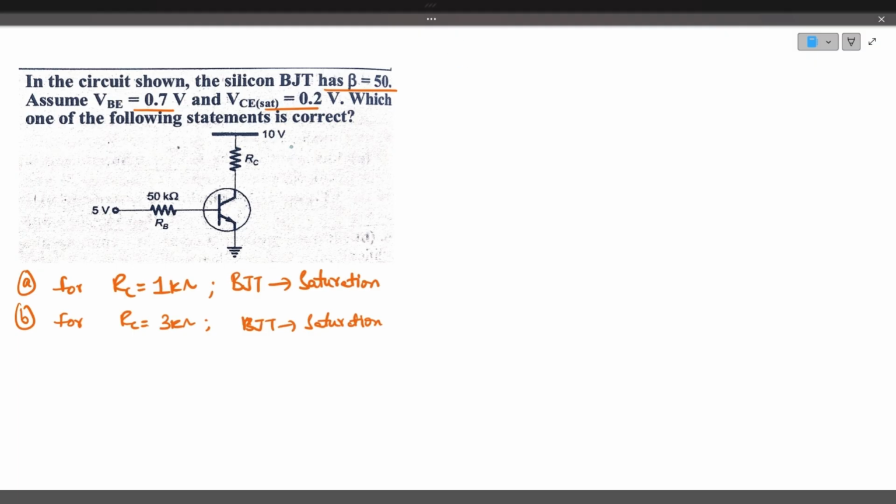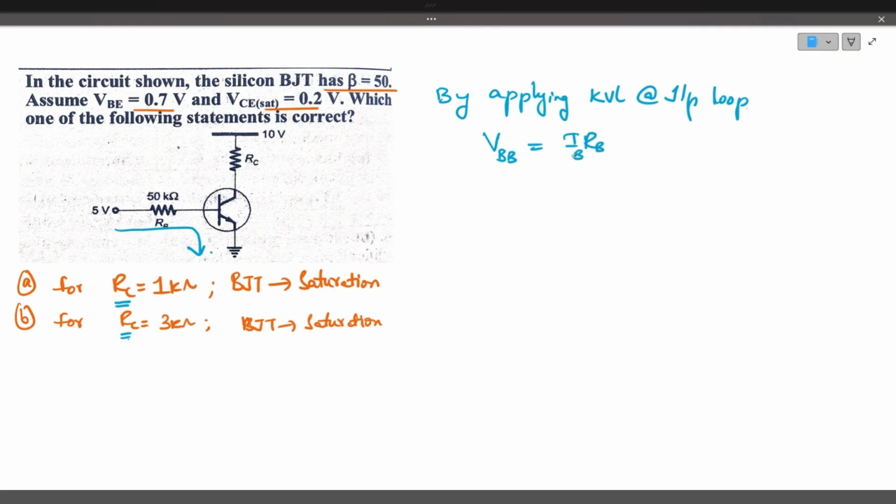Now, what is the collector resistance value that suits to drive the BJT into saturation? That is the question. If you apply Kirchhoff voltage law at the input loop, you will get VBB is equal to IB into RB plus VBE, the base emitter voltage.